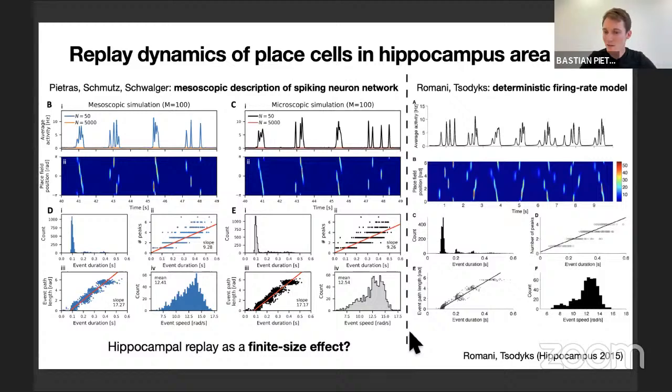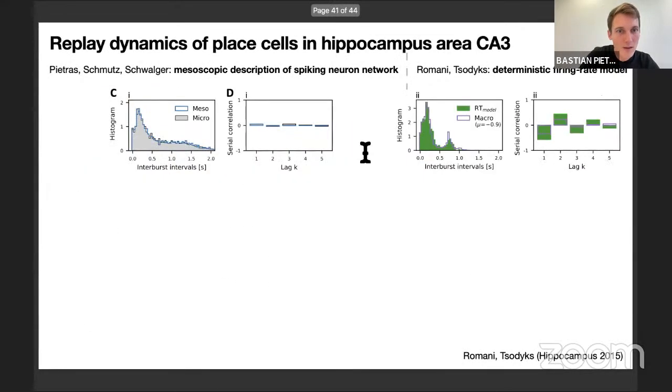And the differences, just to tell you a little bit more: if we look at the sequences of replay dynamics, the intervals between two bursts, then in our mesoscopic description we have a unimodal Poisson-like interburst interval distribution, and there's hardly any serial correlation between consecutive forward or backward replays.